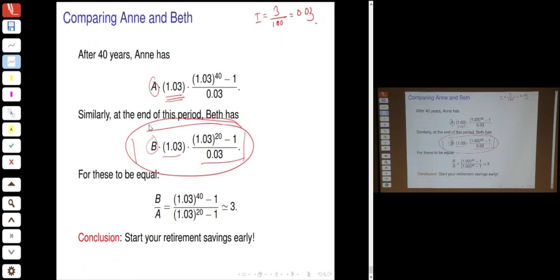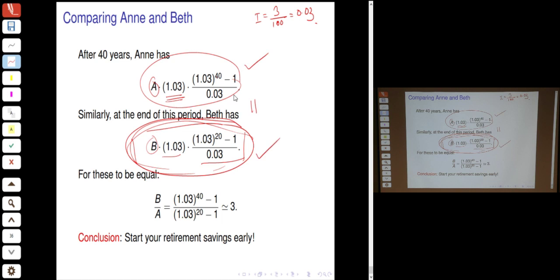So once you do that, you get the amount of money for Anne and Beth, and you want to know how much more Beth should save every year so that she has the same amount of money as Anne as a retirement savings at the end of this time period. So these two quantities have to be equal. This is the amount of money which Anne saves, this is the amount of money which Beth saves.